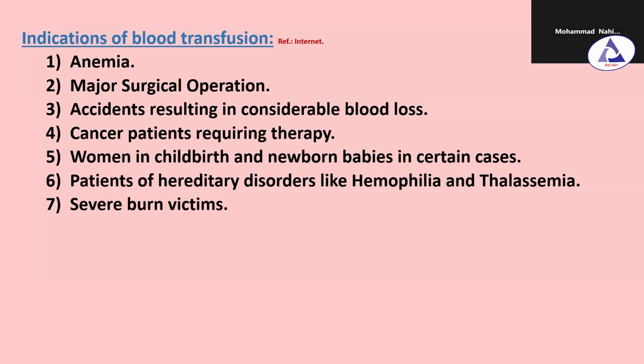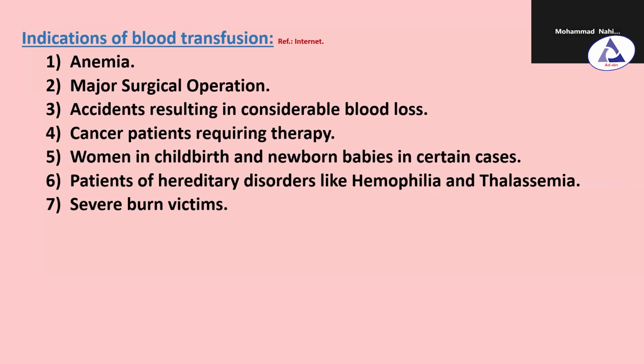Number two, major surgical operation. During surgical operation, there must be severe or moderate blood loss, and in those cases, you have to transfuse blood. Number three, accidents resulting in considerable blood loss, like road traffic accidents. In those accidents, an individual may lose a considerable amount of blood.